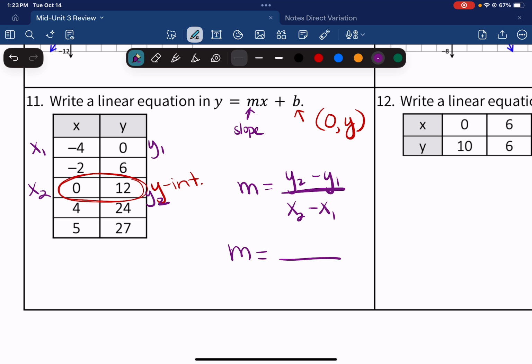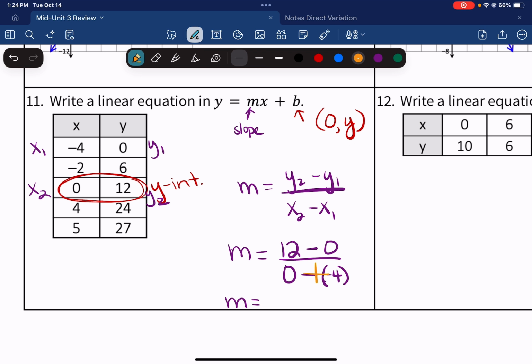Okay, so y2, with the way we have this labeled, is 12 minus our y1, which is 0, over our x2 value, which was a 0, minus our x1 value, which was a -4. So I'm going to put that in parentheses because I have this double negative. Now you can type that into the calculator or Desmos exactly like it is, but I know that subtracting a negative is just like saying plus.